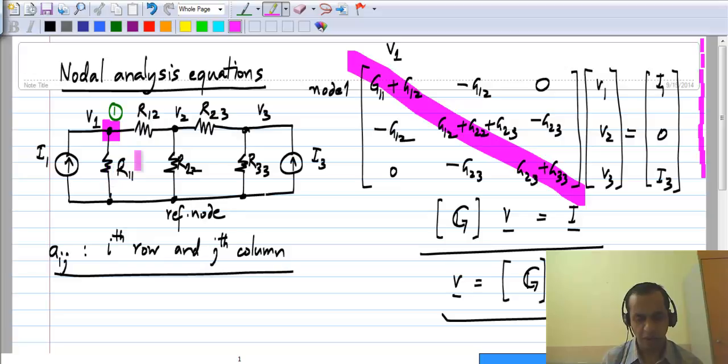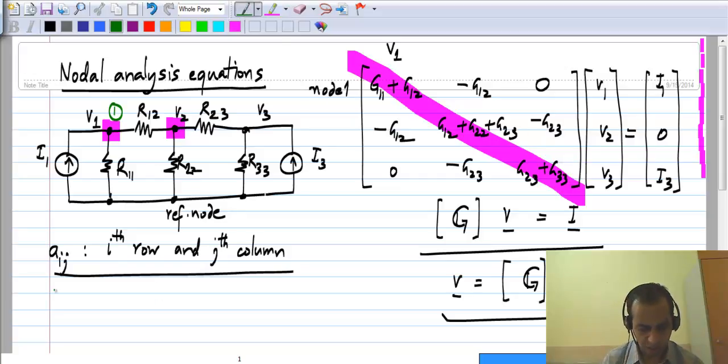So the total conductance would be the conductance of this G11 plus the conductance of that G12. Okay, and similarly, if you look at node 2, there are three resistors connected, G12, G23 and G22. So all of them are summed up and appear as diagonal element in the second row. And finally, node 3 has G23 and G33 connected to it, and the sum of that appears over there.